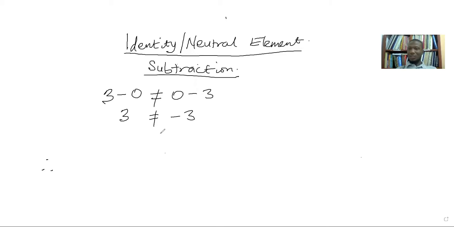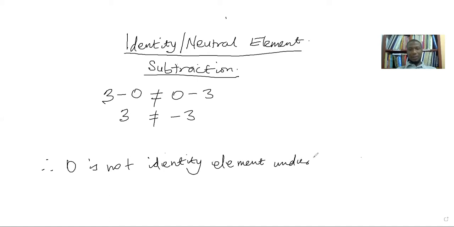Subtraction is not commutative. Therefore, 0 is not an identity element under subtraction.